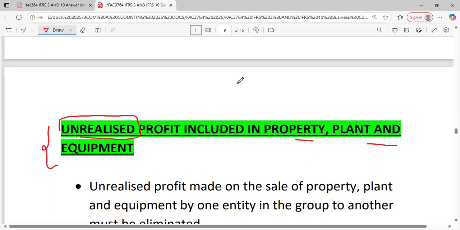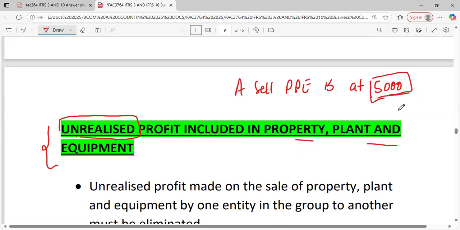So which means if company A sells a PP asset to company B at a profit of 5,000, that 5,000, we should eliminate it. And when we eliminate that 5,000, we should also take into account the tax implication there again.